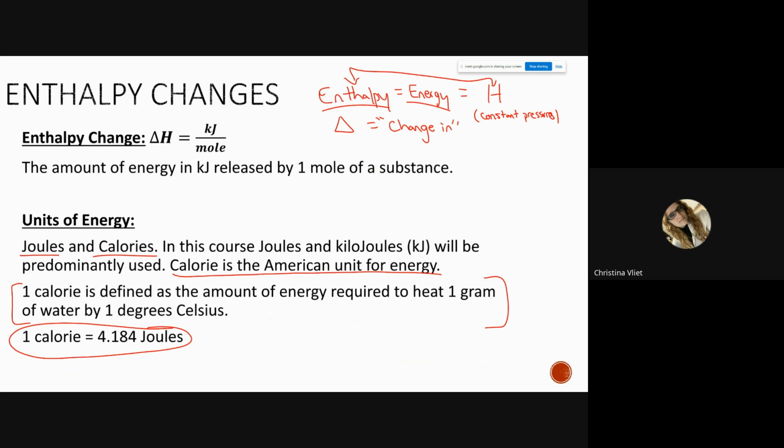So, enthalpy is defined in a chemical reaction as, when there is a change from reactants to products, how much energy is released by 1 mole of a substance. So this is 1, and this is some kind of number. You may want to fill that in.